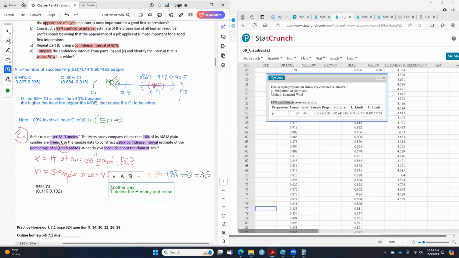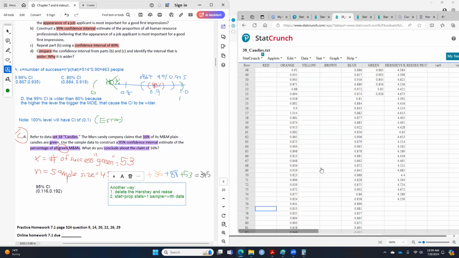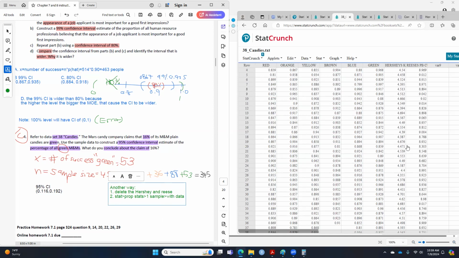Okay, and then you go to stats, proportion stats, one sample with data. Okay, so I'll show it to you. If you want to do it with data, because we have data here, you have to take out those that are not relevant to this question. That's why I have to get rid of the Hershey and the Reese's peanut butter here.